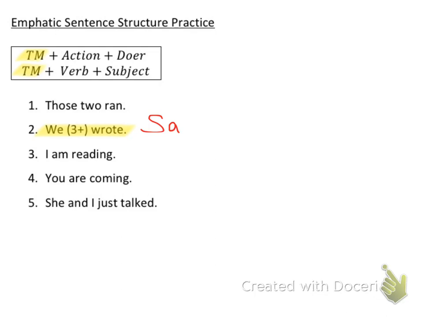So sa, and then the next thing that I need to worry about again is my action, my verb. The action or the verb in this sentence is wrote. The way that I say that in Samoan is tusi. Sa tusi, and then the doer or the subject comes next, and that is we 3+.